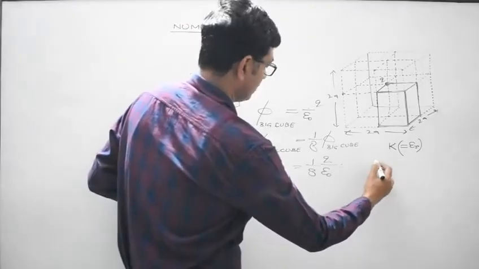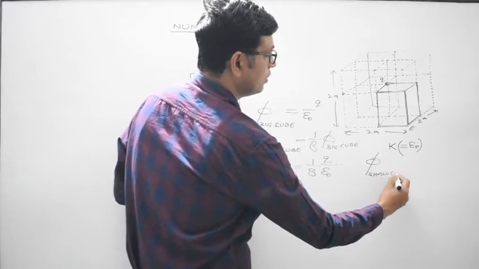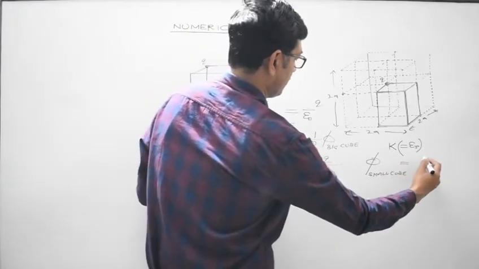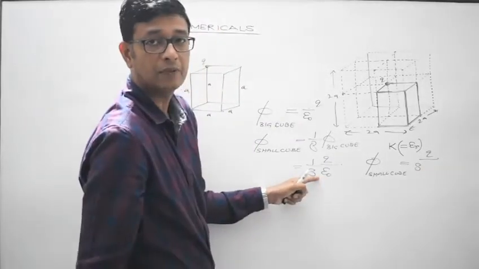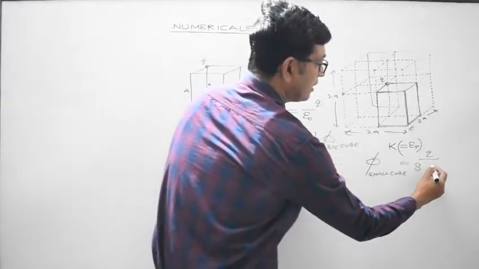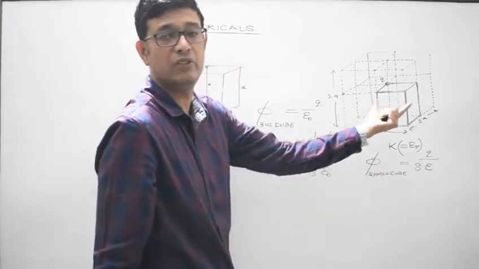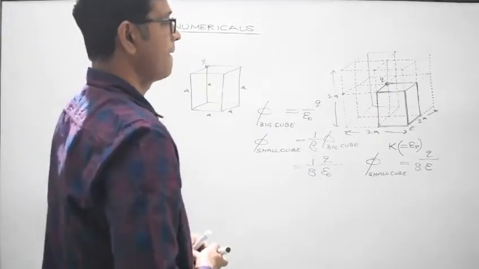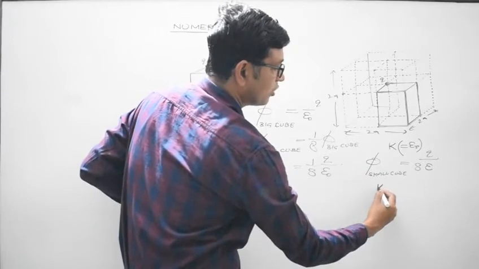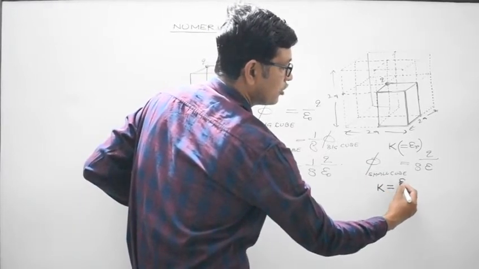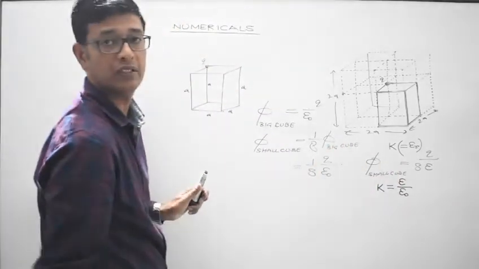In this case, the flux associated with this small cube would be given by q divided by 8. In place of epsilon naught, we need to write epsilon, which represents the absolute permittivity of the medium in which the charge is placed. Right? We are aware of the relationship between these two. We know that the dielectric constant of a medium is defined as the ratio of the absolute permittivity of the medium to the absolute permittivity of free space.